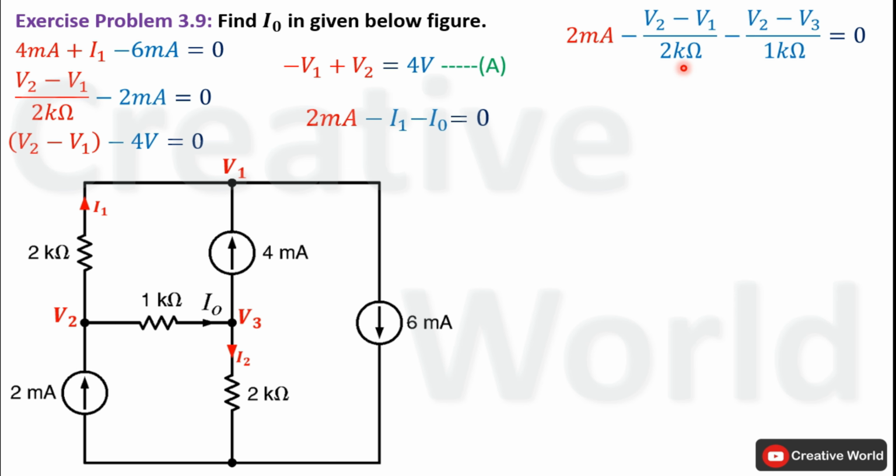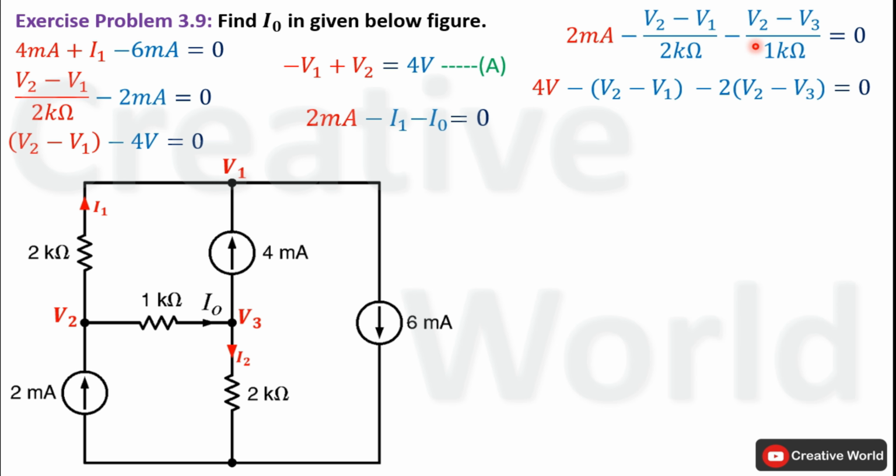Now in order to omit all denominator values, we will multiply this equation on both sides with 2 kilo ohm. The product of 2 kilo ohm and 2 milliampere will result in 4 volt. Here the 2 kilo ohm will cancel out with the 2 kilo ohm in the denominator. Only V2 minus V1 will be left. Here the 2 kilo ohm will cancel out with the 1 kilo ohm in the denominator.